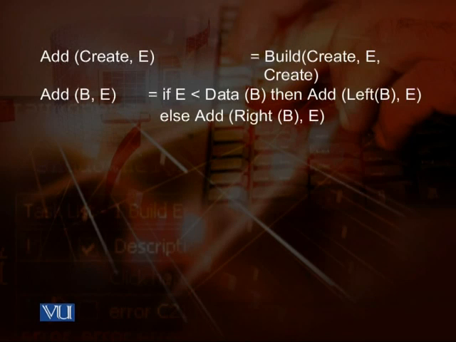This is once again a very important and interesting point that you need to understand and note here. What we are saying here is that when we add an element into a non-empty tree, if it is less than the data in the root, then we add in the left subtree, and otherwise we add in the right subtree.